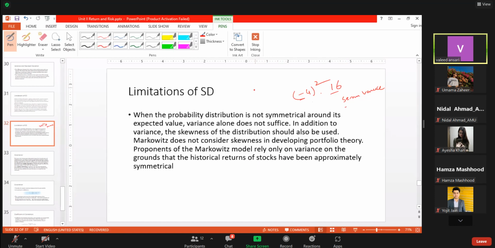Another thing is whether we use the standard deviation as a measure, that is the plus minus 3. All the observations will be in a normal distribution, a bell-shaped curve. So we assume SD is based on no skewness, that neither a fatter tail is there, nor peakedness, that is the kurtosis.